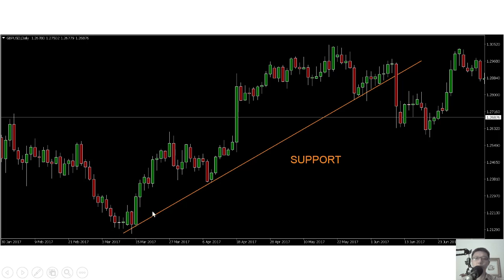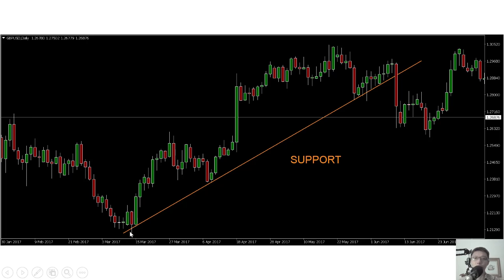This is because after this uptrend, sellers try to push down, then fail, and a very strong power of buyers push the price very fast to the upside. So this level and this level, we can call this support.